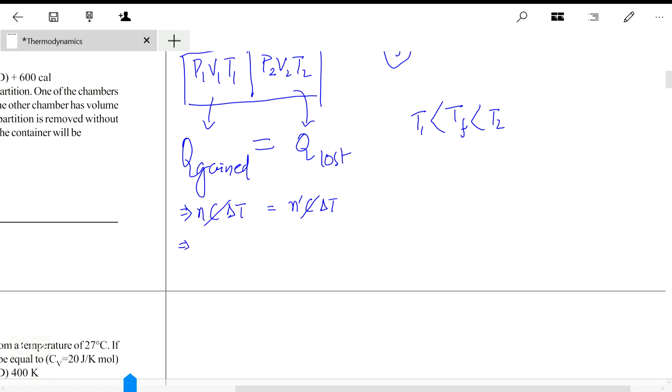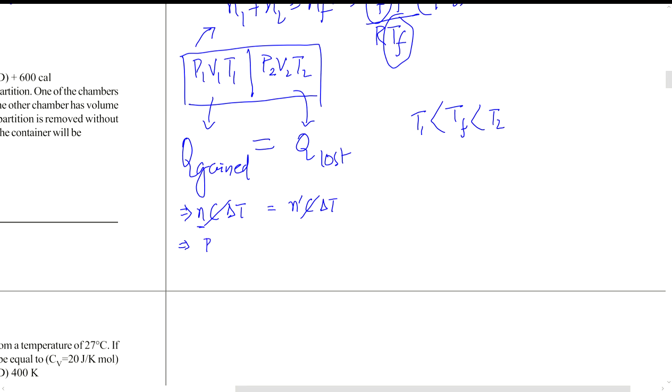Now the number of moles in the left container N can be written as P1 V1 by RT1. Delta T is final temperature minus the initial temperature, so it is T final minus T1. And this is heat gain, so we have to write the positive value for delta T, which is T final minus T initial.